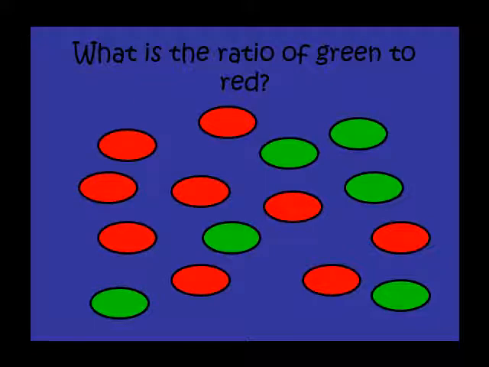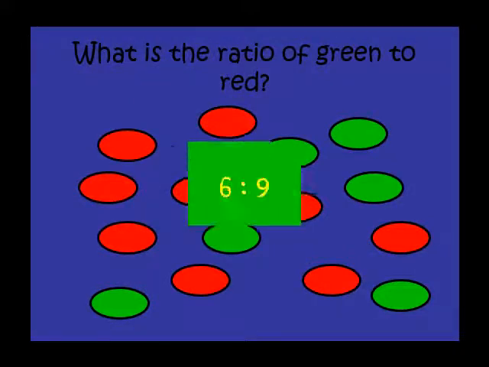Quickly count the number of red and green counters. 6:9. Yes, we can divide both by the number 3 and write it as 2:3. I'm sure you're thorough with simplifying the ratio. 2:3 cannot be divided further. So this is the simplified form of 6:9.